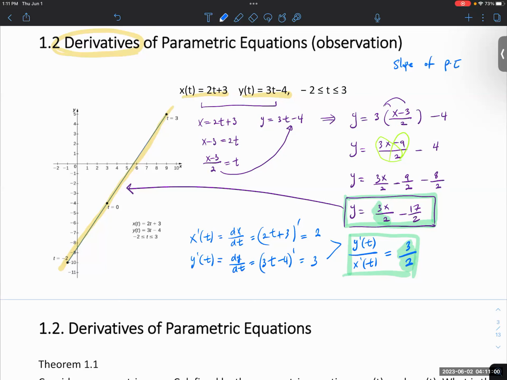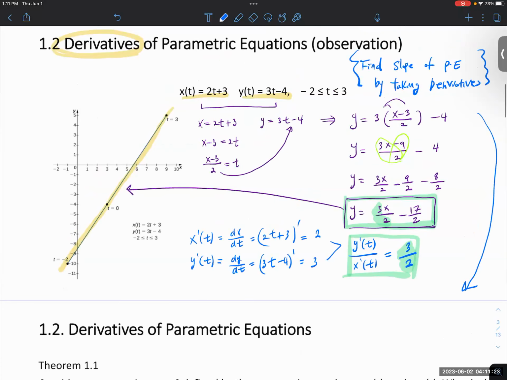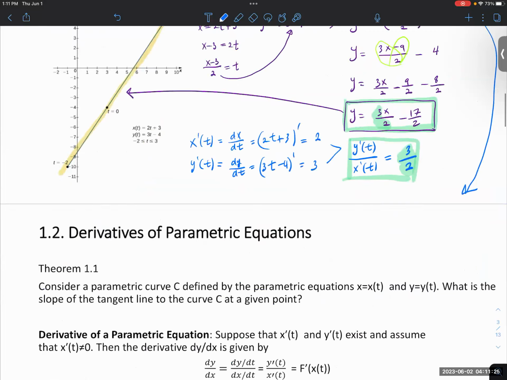So from this observation, we can find the slope of a parametric equation by taking derivatives. That's what we got from this observation. So this theory is actually going to develop on the next slide. From this observation, many mathematicians developed this theory.